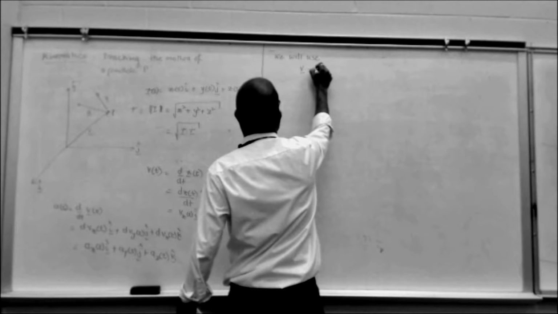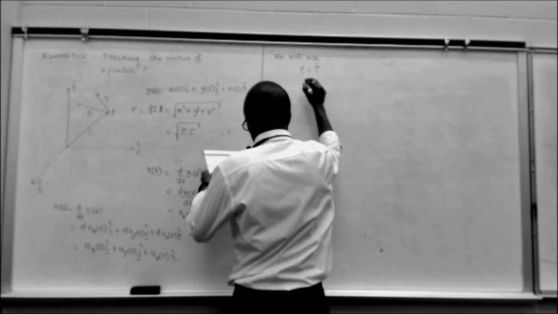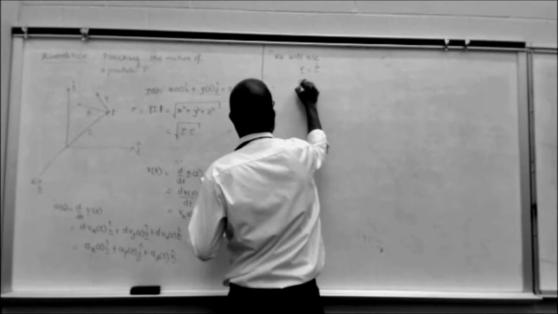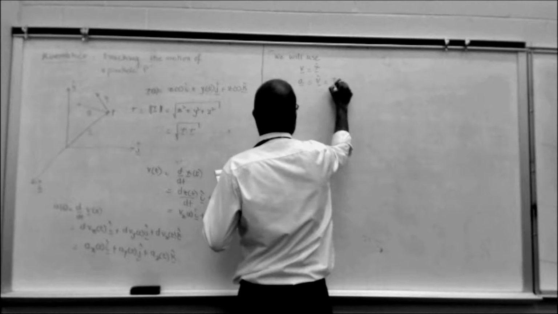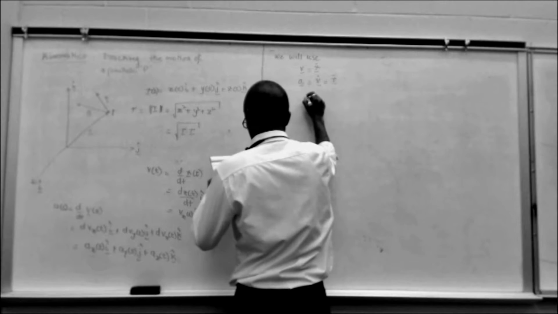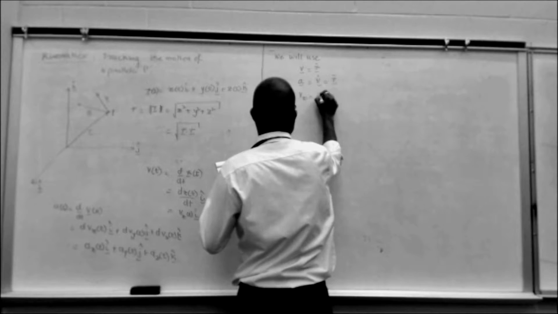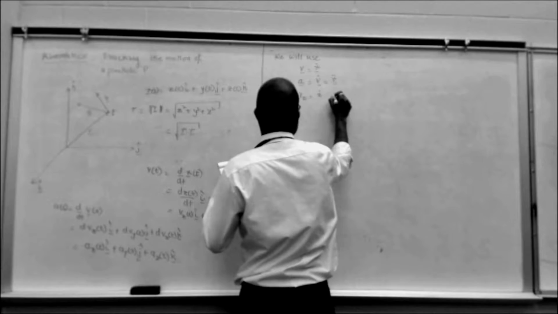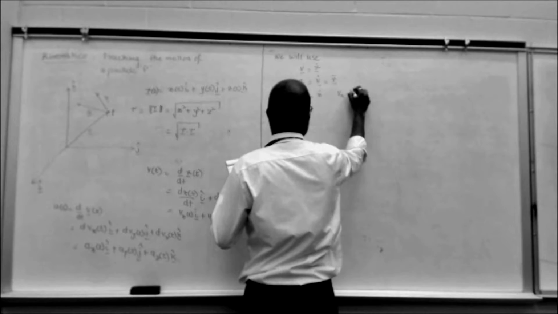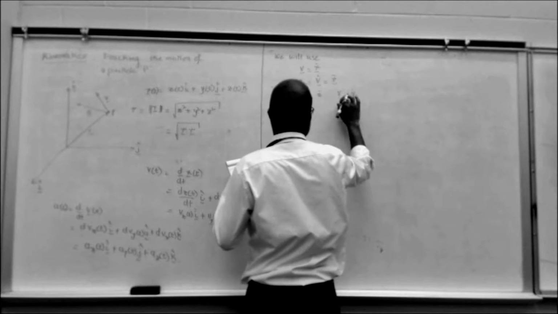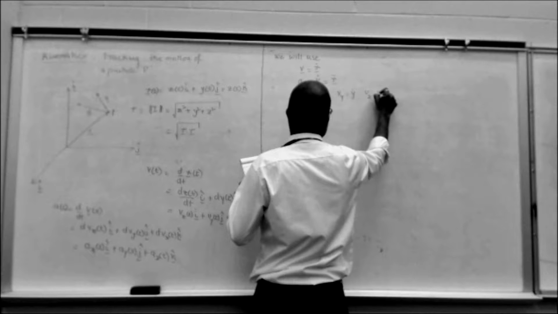v is equal to r dot, a is equal to v dot, which is equal to r double dot. Vx is equal to x dot. Vy is equal to y dot. Vz is equal to z dot.